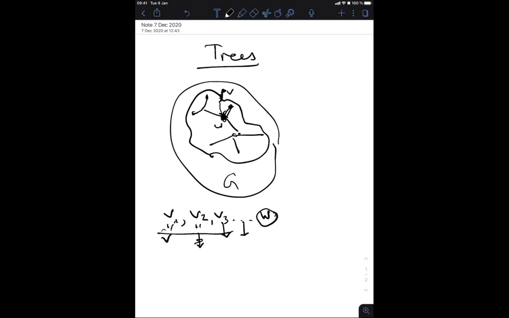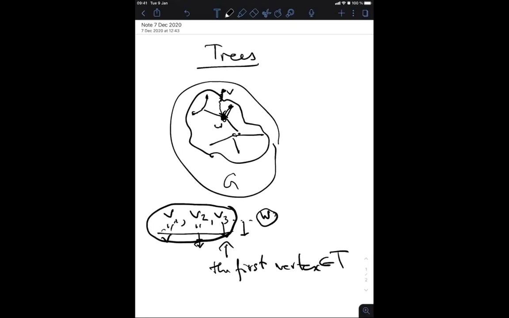Say this would be the first vertex belonging to our tree. Then we pick this initial segment V1, V2, V3, and we'll add it to our tree.